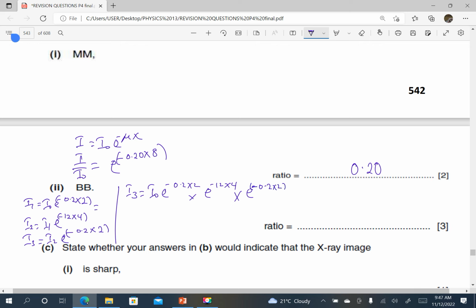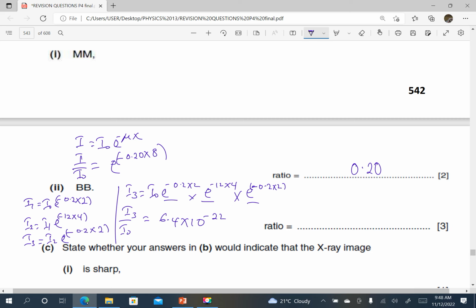You can even press the calculator and get each of those values, and then do back substitution. When I do back substitution here, I3 divided by I naught is the product of all these three, which from my calculator gives 6.4 times 10 power negative 22.